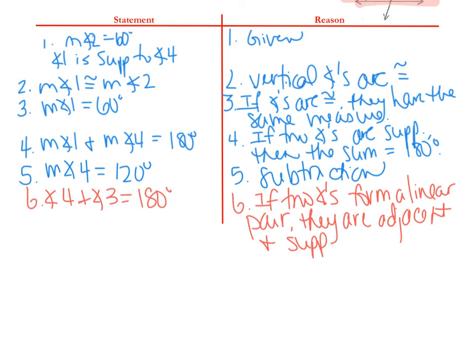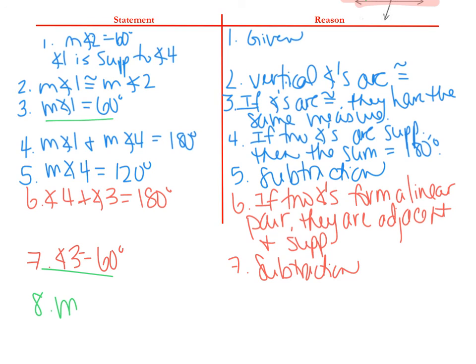Okay, so now we know that angle 4 plus angle 3 equals 180. And we know the measure of angle 4 is 120. So step 7 is going to be that the measure of angle 3 equals 60 degrees because of subtraction. And voila! We now have what we intended.